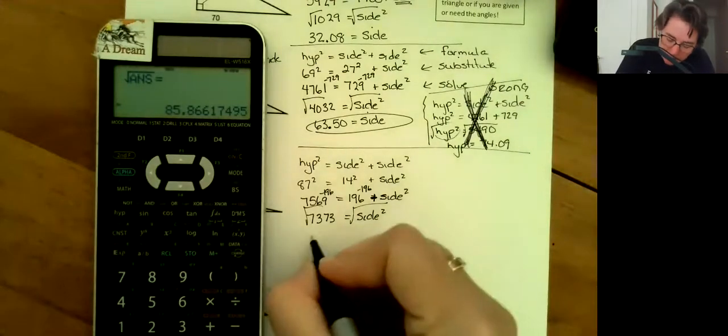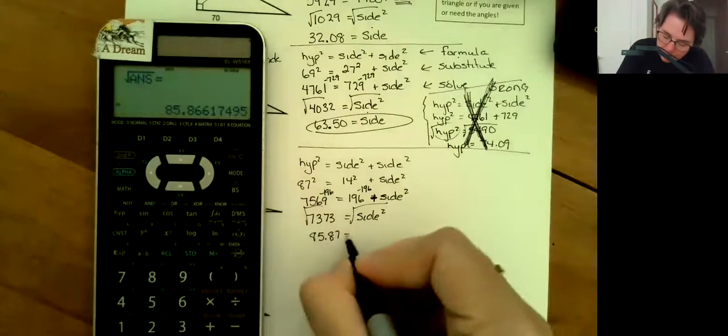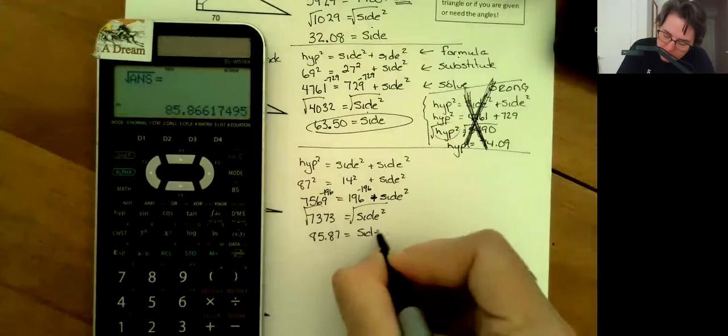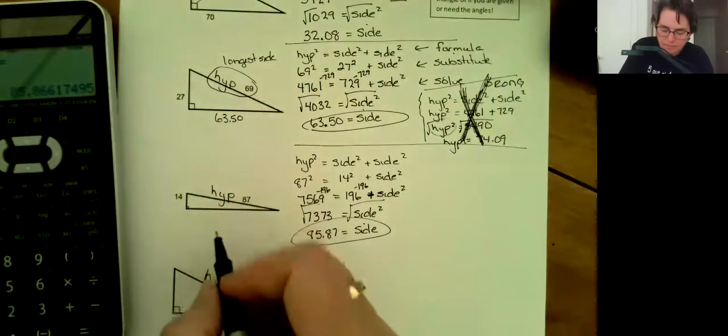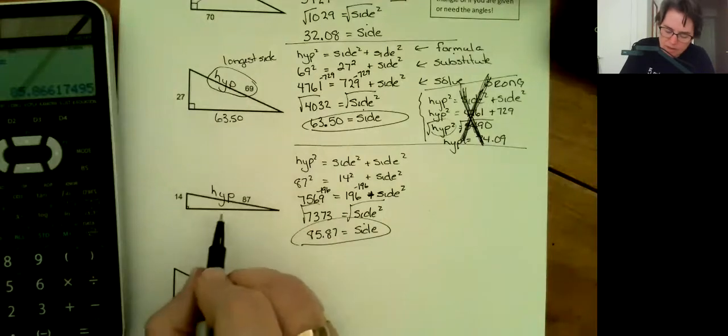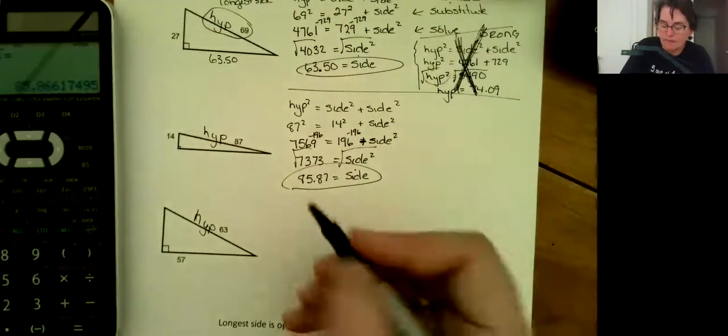And I get 85.87 is equal to my side. And I'll do a quick look and go, yeah, that could be 85.87. It's less than the 87 over there. Cool, cool, cool. All right, last one.